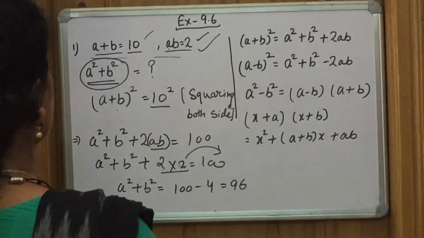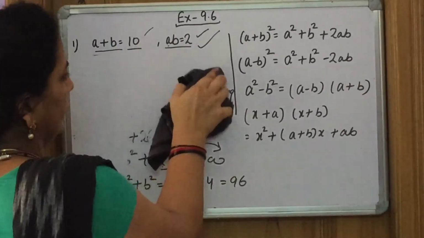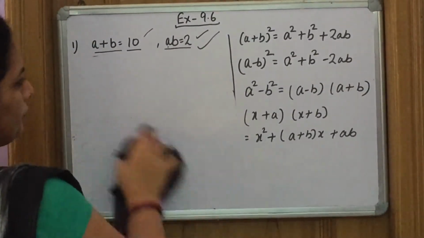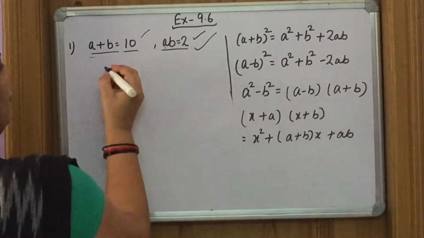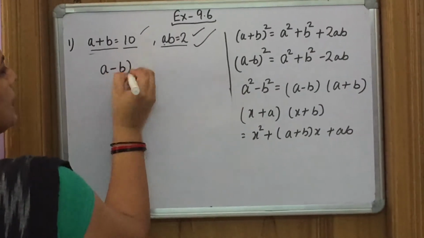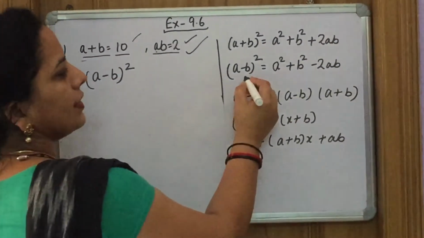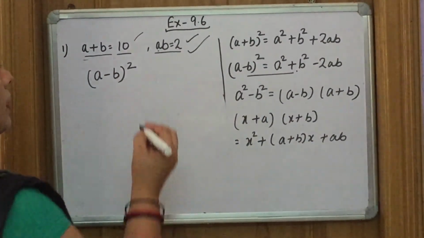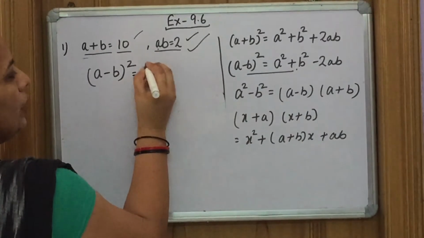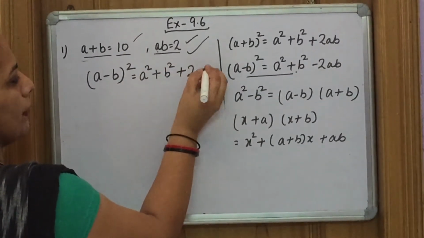The next part of the same question is, we have to find out the value of (a minus b) whole square. From the second identity, we have (a minus b) whole square, which is equal to a square plus b square minus 2ab.